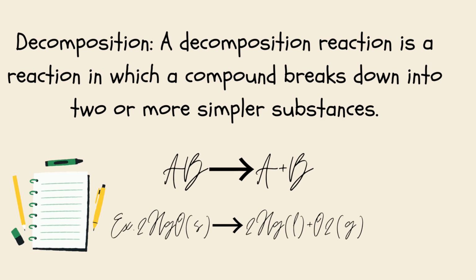Most decomposition reactions require an input of energy to break down the compound into simpler substances, and this energy can come as heat, light, or electricity. Here we have an example. Mercury oxide, which is solid, decomposes when heated and yields mercury, which is liquid, and oxygen, which is gas.